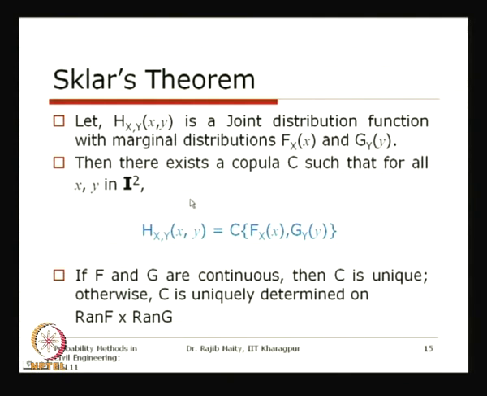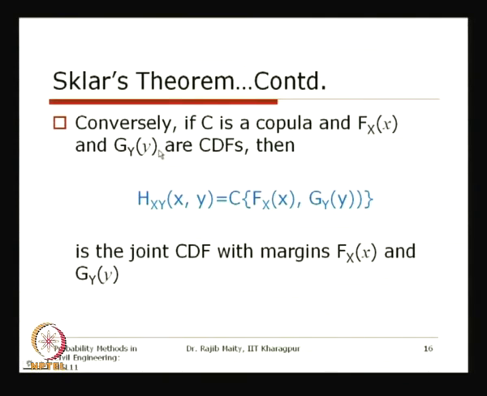Conversely, we can also state that if C is a copula and F(x) and G(y) are the CDFs of their random variables, obviously X and Y, then their joint distribution is equal to the copula function of F(x) and G(y).